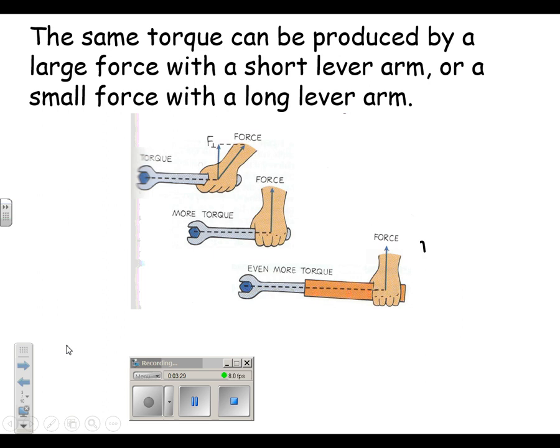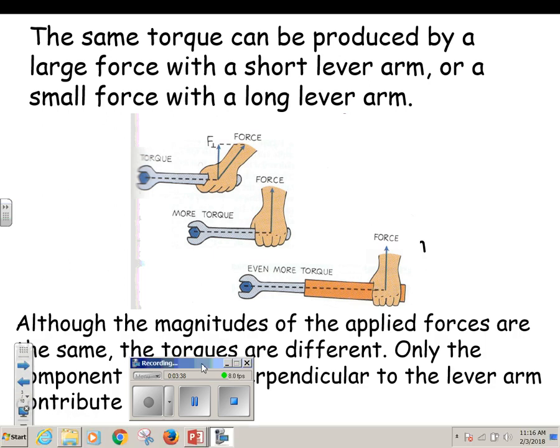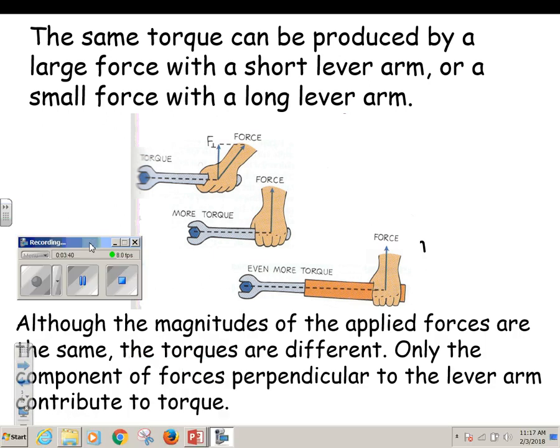So we're going to have even more torque. So torque is dependent on the perpendicular force and the radius. So although the magnitudes of the applied forces are the same, the torques are different. Only the component of the force that's perpendicular to the lever arm will contribute to the torque.